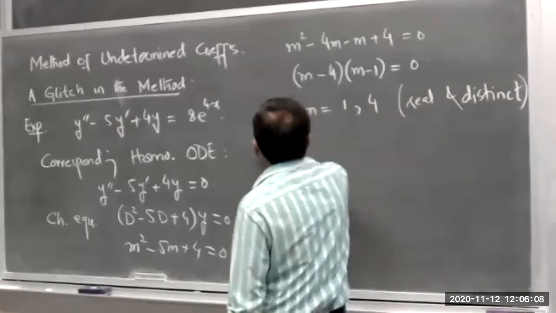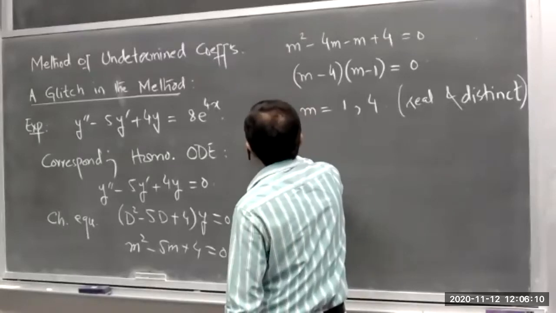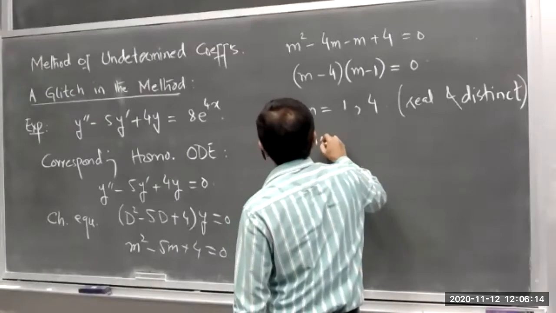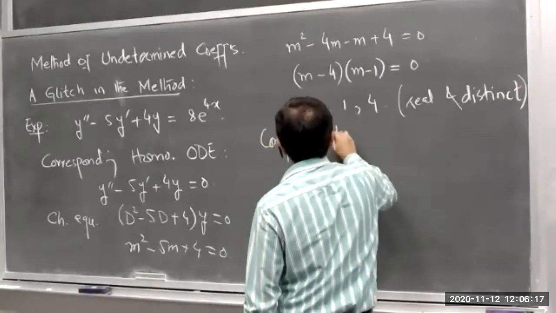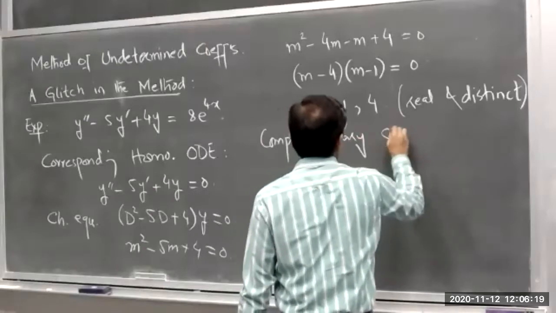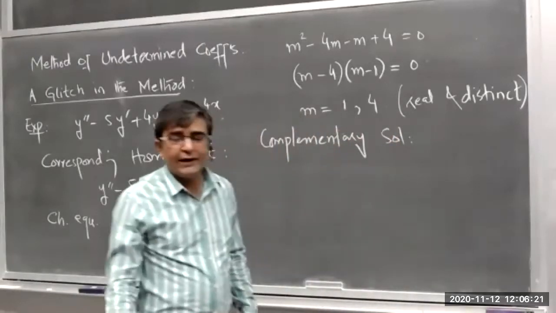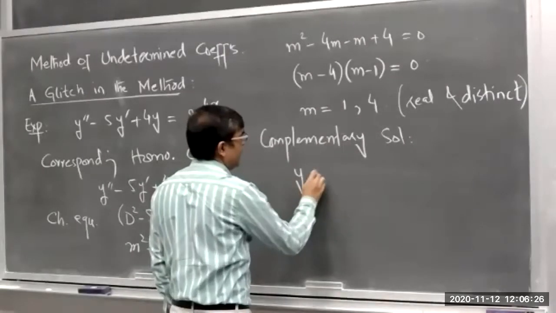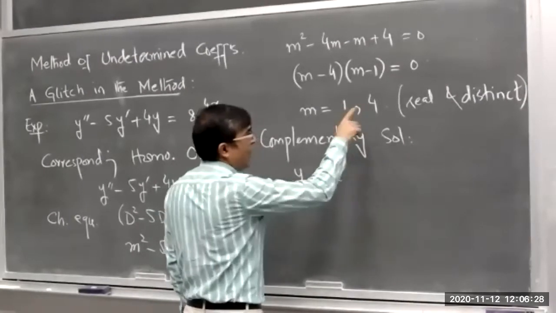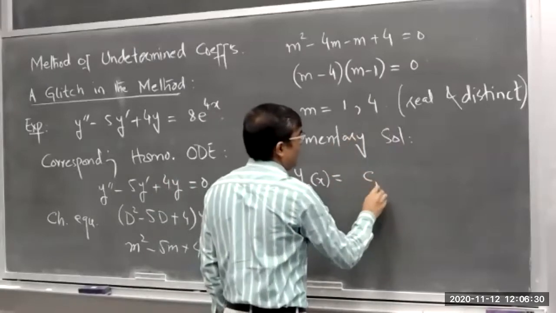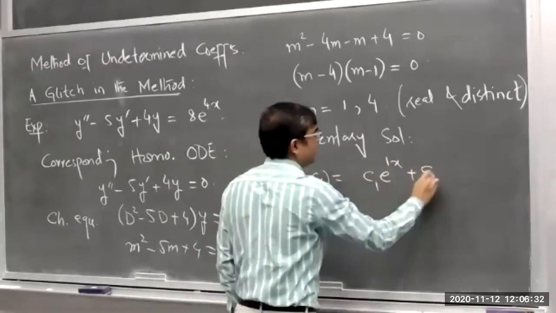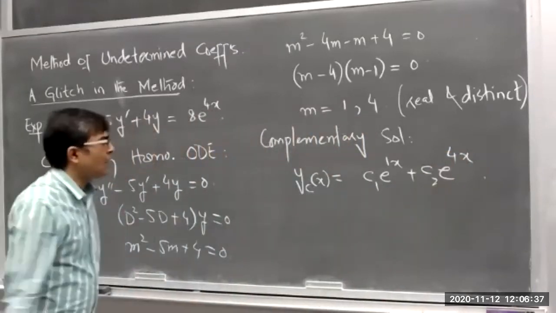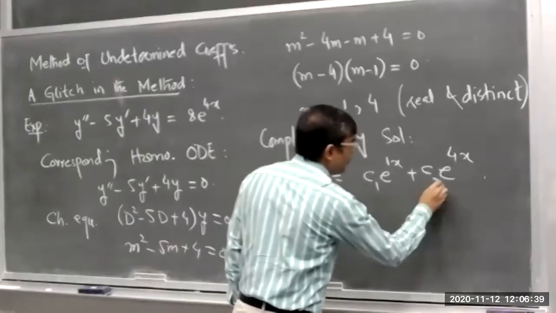Therefore, the general solution, or the complementary solution, denoted by yc, is, since we have real and distinct roots, c1 e raised power 1x plus c2 e raised power 4x. So this is our complementary solution.